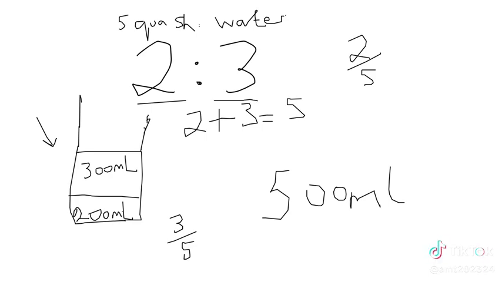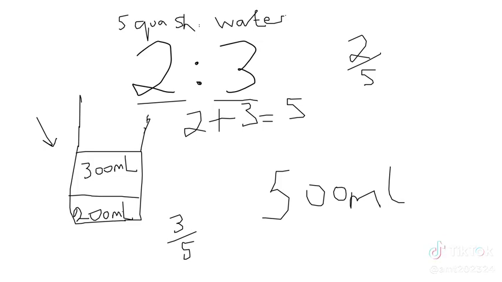I hope that makes sense. So this was a little introduction, a little teaser, and the notation. I pronounce this as 2 to 3, so 2 parts to 3 parts. So 2 parts squash, for example, to 3 parts water. Or it could be that you're making a chocolate cake.